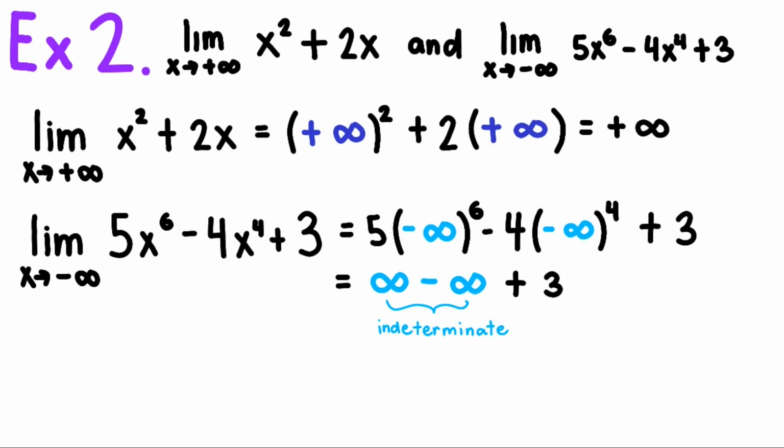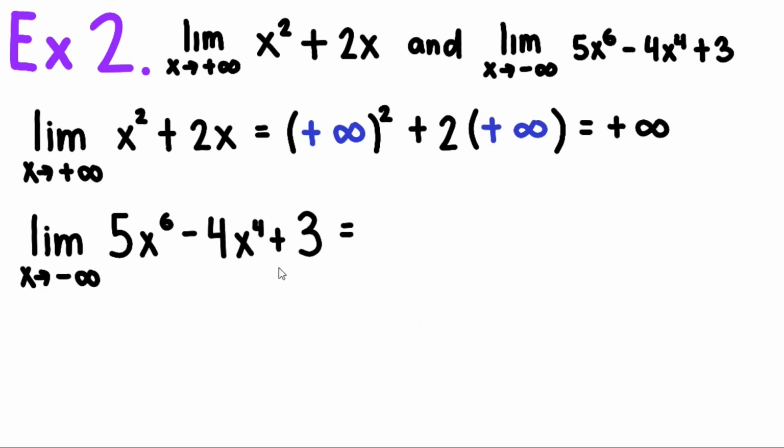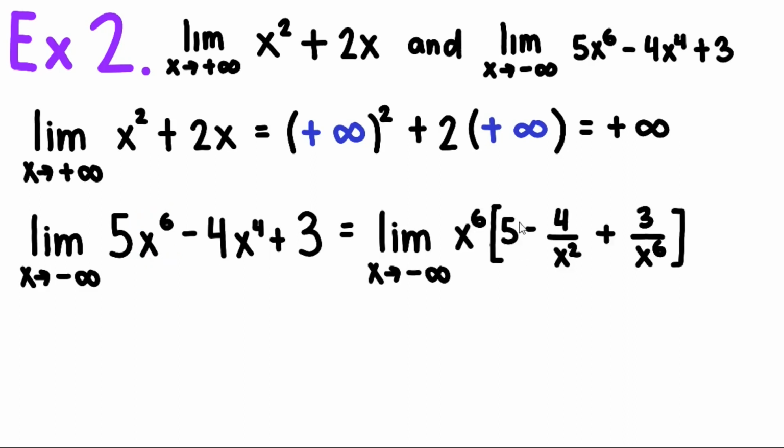So let's clear this one first. And take note that we can actually factor out x raised to 6 out here. So we'll have x raised to 6 times 5 minus 4 over x squared plus 3 over x raised to 6. If you're wondering how we obtained these two, take note that if we move this one out here, we'll have 4x raised to 6 over x squared.